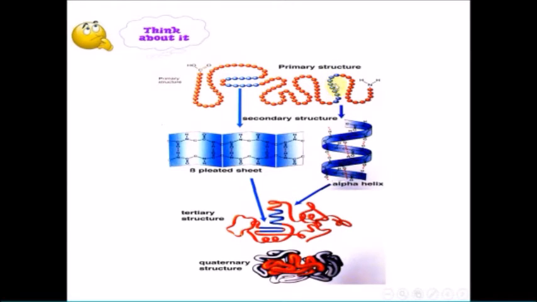This is alpha helix and this is a beta sheet. In the secondary structure, the interaction between the R groups of different amino acids can cause the tertiary structure to happen, and the tertiary structures of different polypeptide chains can gather together and cause quaternary structure. So we have primary, secondary, tertiary, and then quaternary structure.